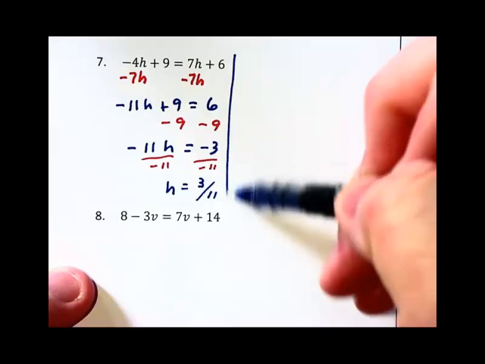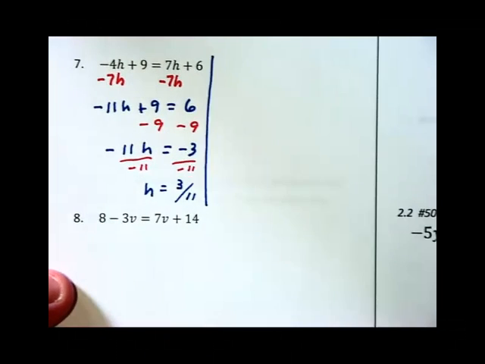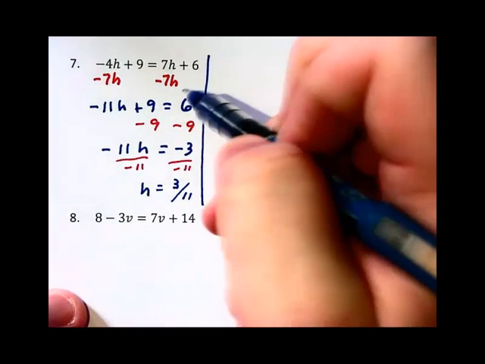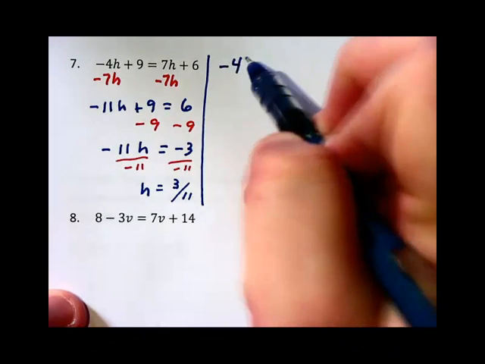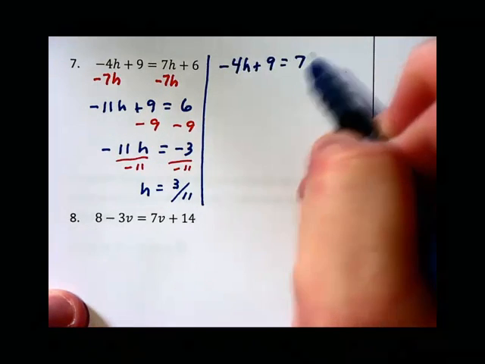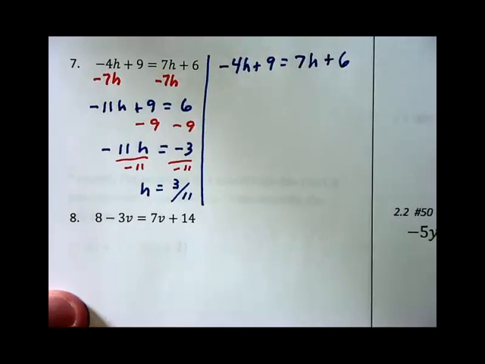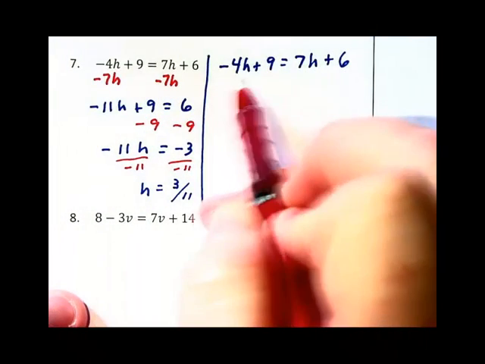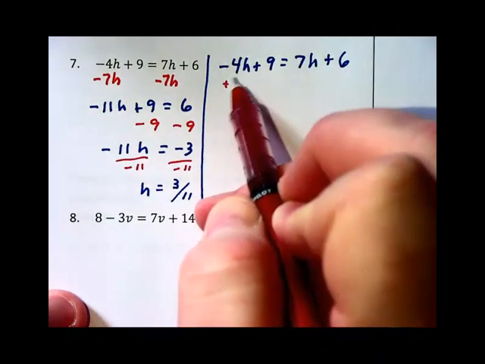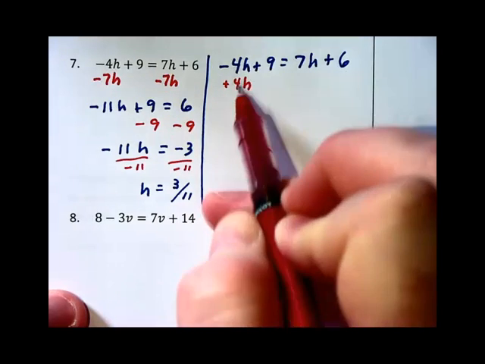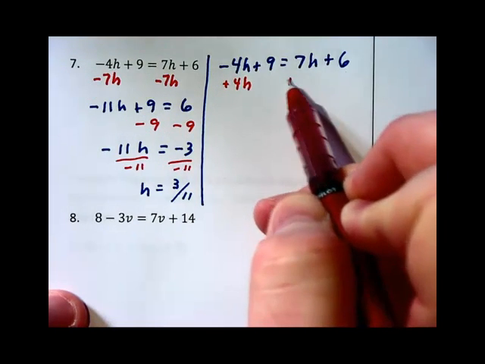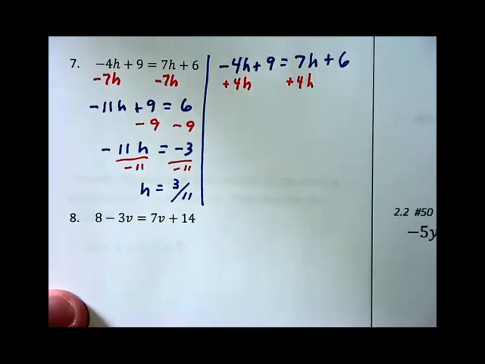Now, you might have the question in your head, what if I didn't subtract 7h on both sides? Let me rewrite the original problem here for you, and let's pretend that you wanted to get rid of the h's on the left. We wanted to add 4h to the left to undo the minus 4h. Well, we would then add 4h to the right hand side.